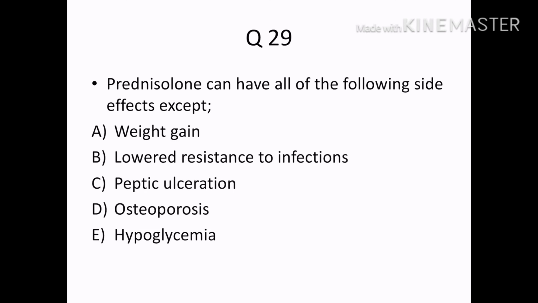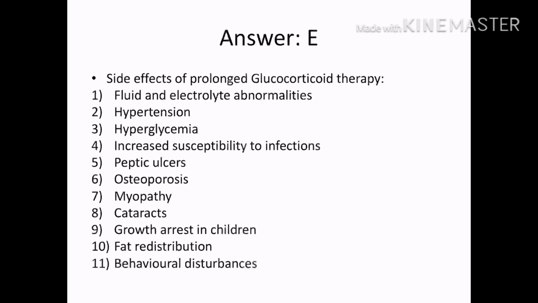All corticosteroids actually cause hyperglycemia and not hypoglycemia. Some of the other side effects of glucocorticoid therapy include fluid and electrolyte abnormalities, hypertension, hyperglycemia, increased susceptibility to infections, peptic ulcers, osteoporosis, myopathy, cataracts, growth arrest in children, fat redistribution, and behavioral disturbances.